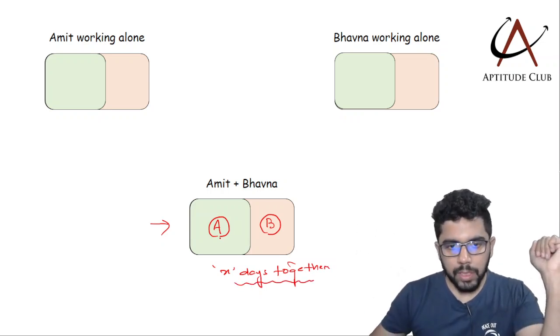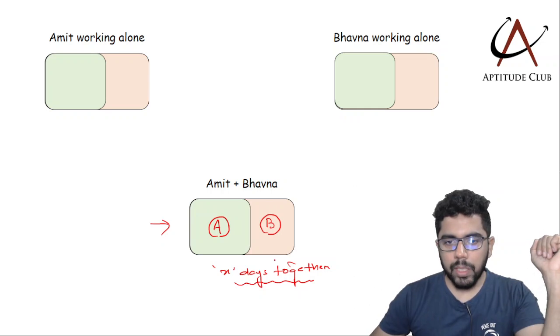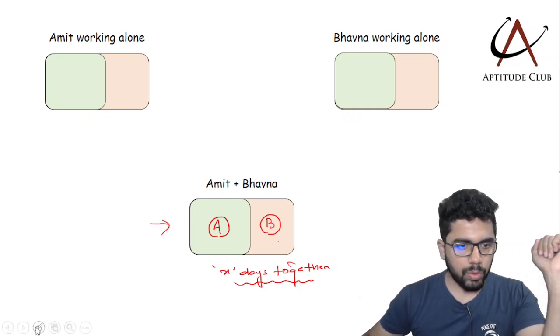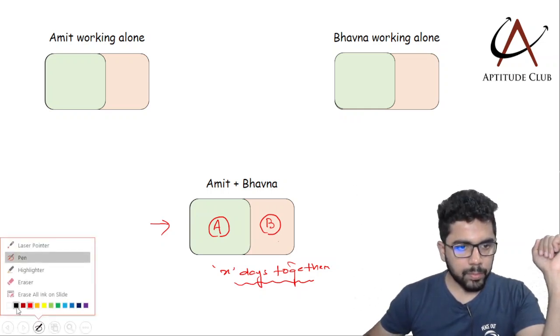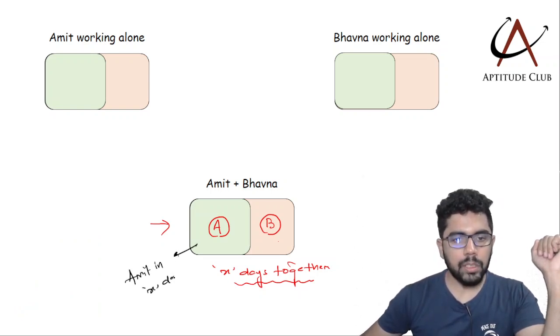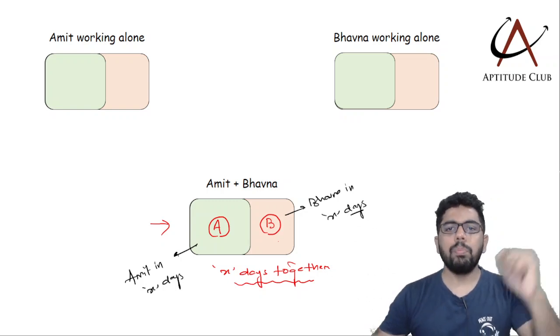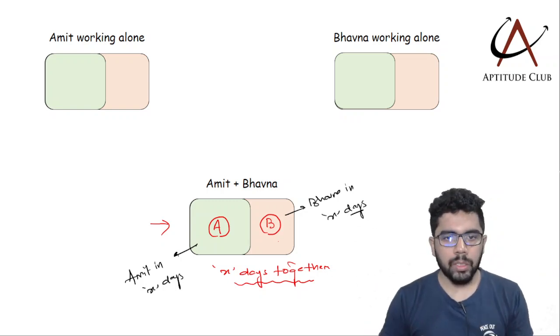That means Amit in X days will do this much work, and Bhavna in X days will do this much work. So this is the work done by Amit in X days, and this is the work done by Bhavna in X days, to put it visually.